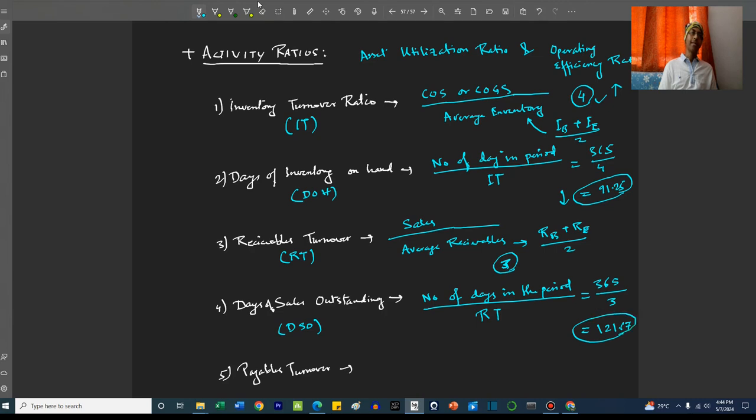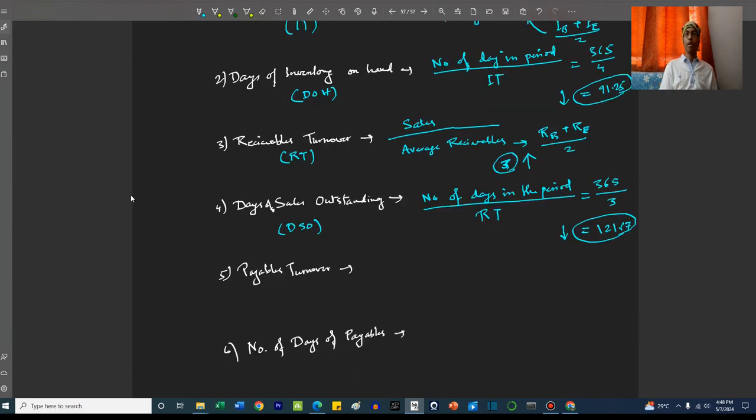This means that over the period, whatever sales are made, 121.67 days of sales are outstanding in terms of payments. So generally, the lower this number is, the better it is. Inversely, the higher the receivables turnover is, the better it is, that is, the receivables are much lesser in proportion to sales.